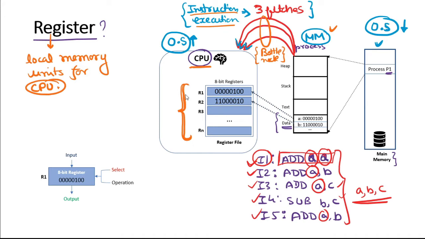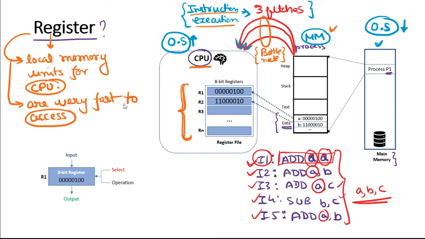Since these memory units are inside the CPU, they are very fast. Registers are very fast to access. The CPU can access these memory units at the speed of its operating speed.